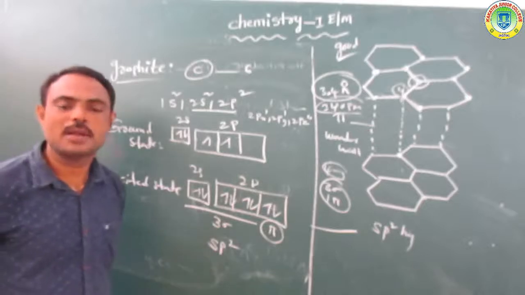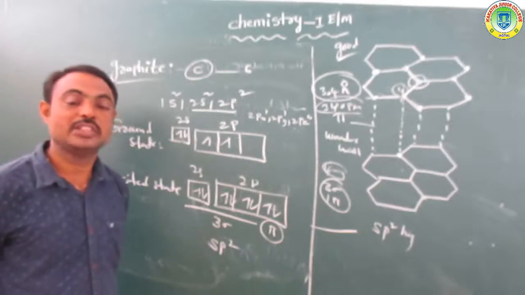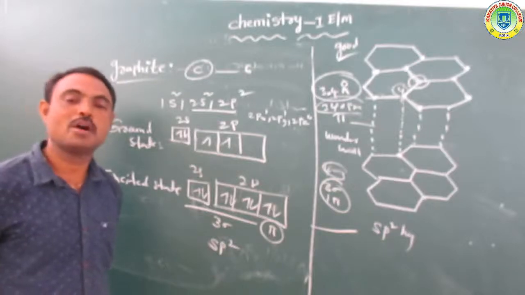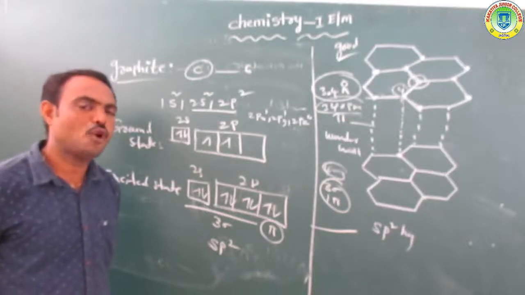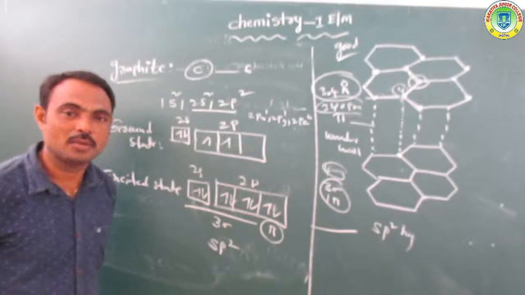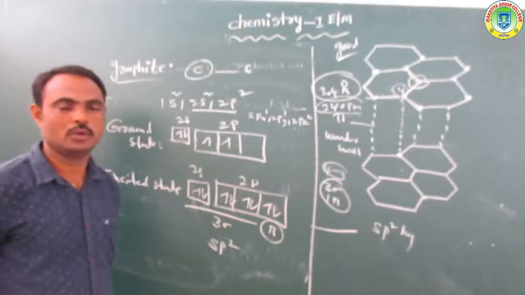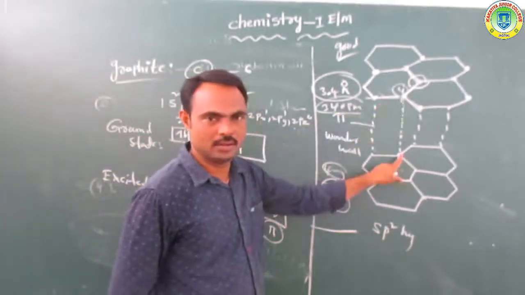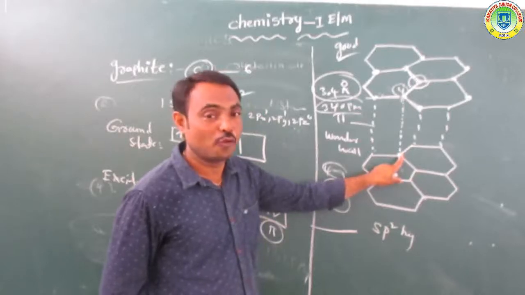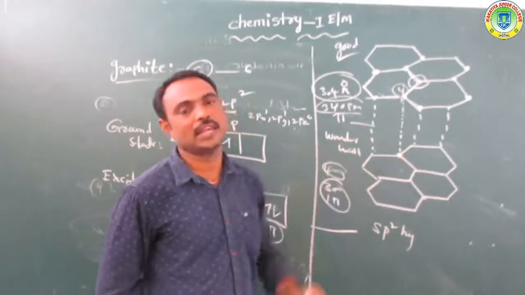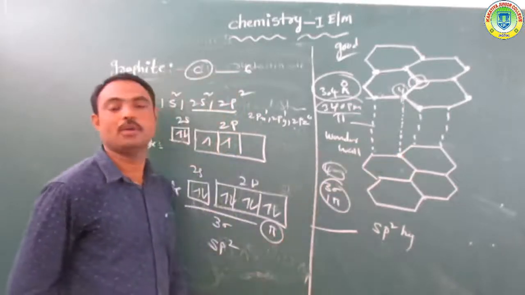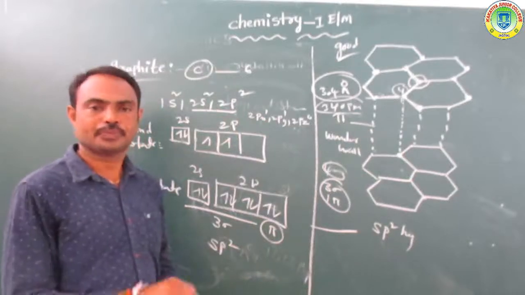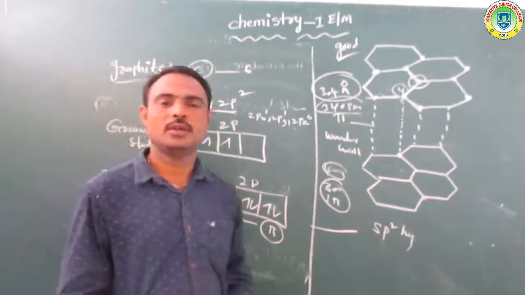Each carbon atom is attached with the surrounding 3 carbon atoms with sigma or single bonds, but the fourth electron forms a pi bond with the fourth electron of a carbon in another layer, a weak bond. So this is sp2 hybridization.